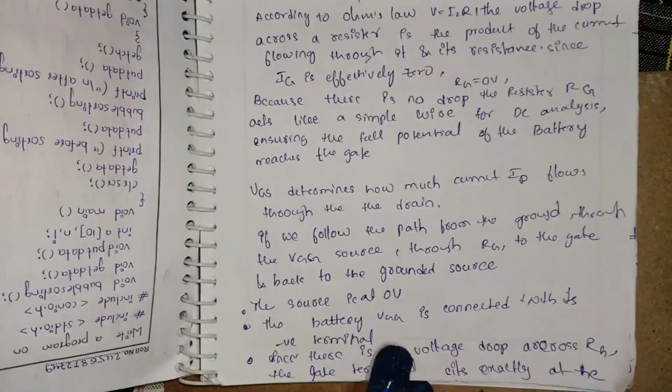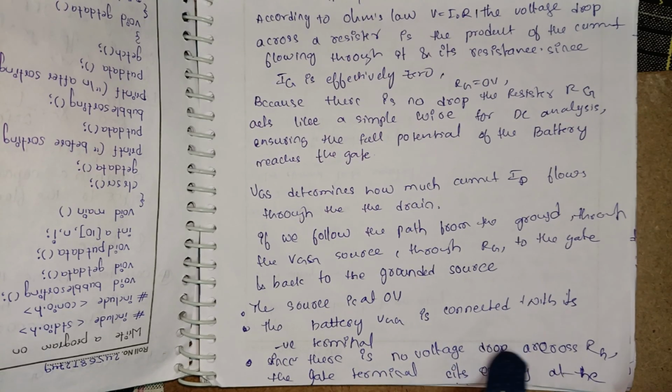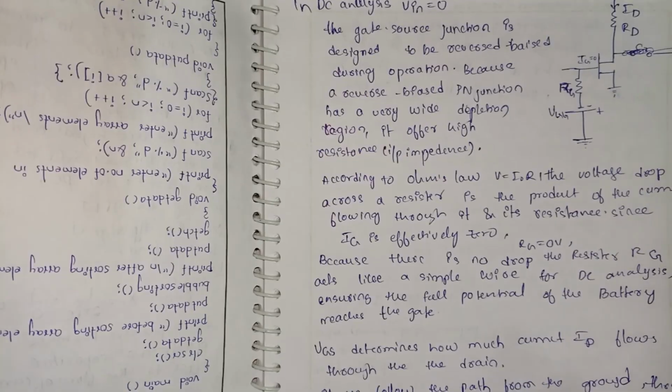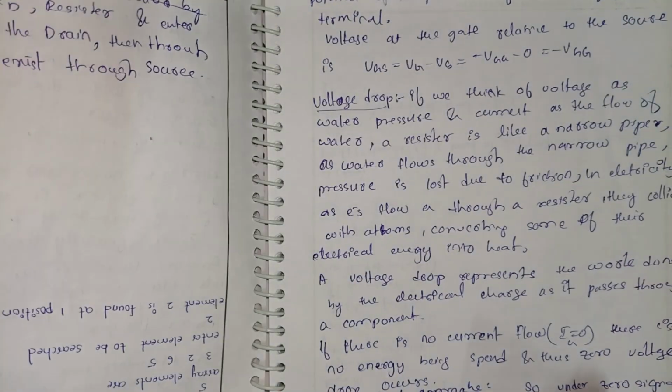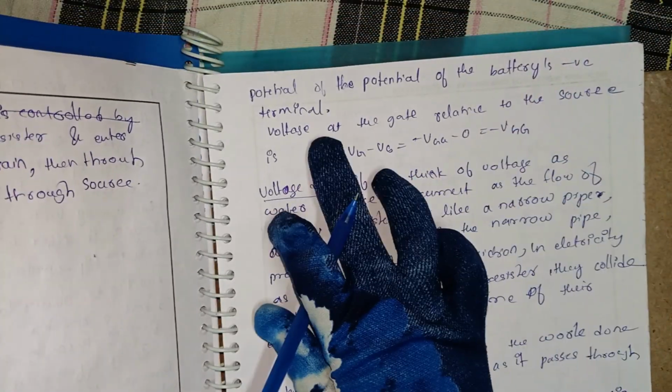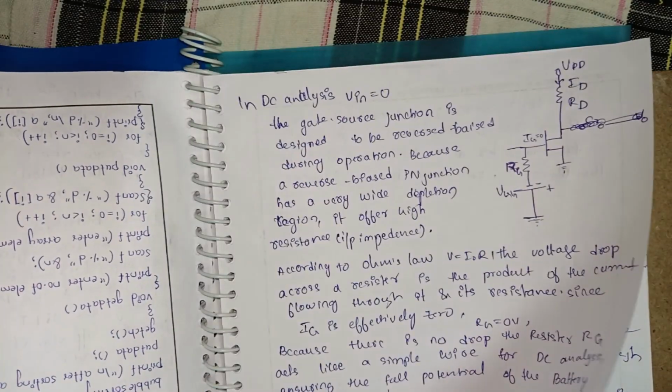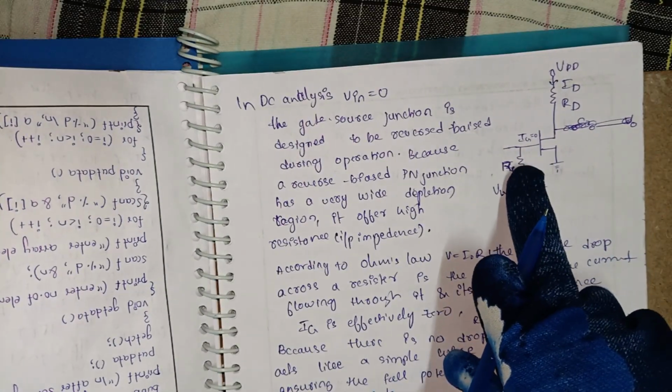Since there is no voltage drop across RG, the gate terminal sits exactly at the potential of the battery's negative terminal. Here we have no voltage drop.